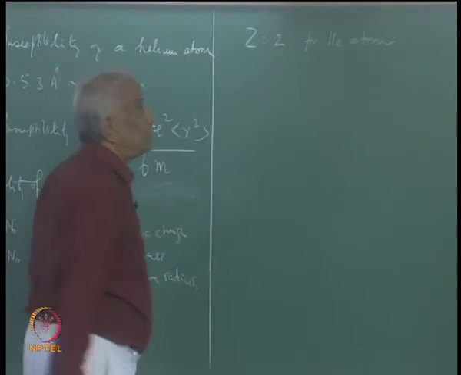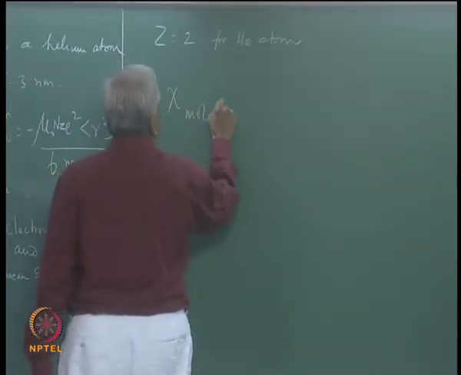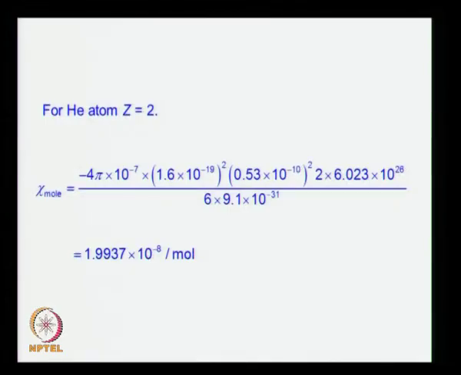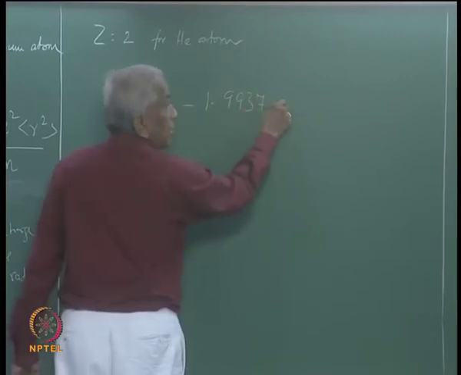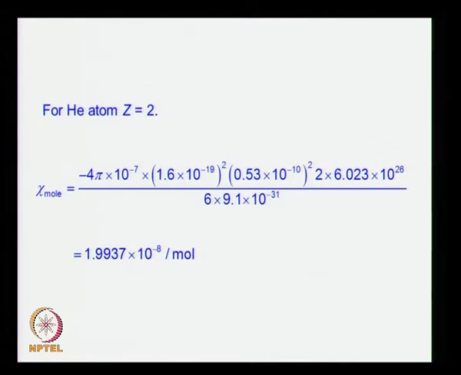So plugging in all these values we get the molar diamagnetic susceptibility as minus 1.9937 into 10 to the power minus 8.